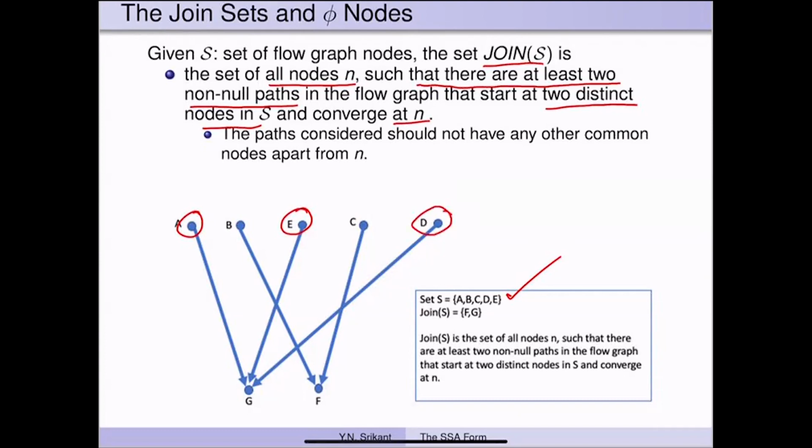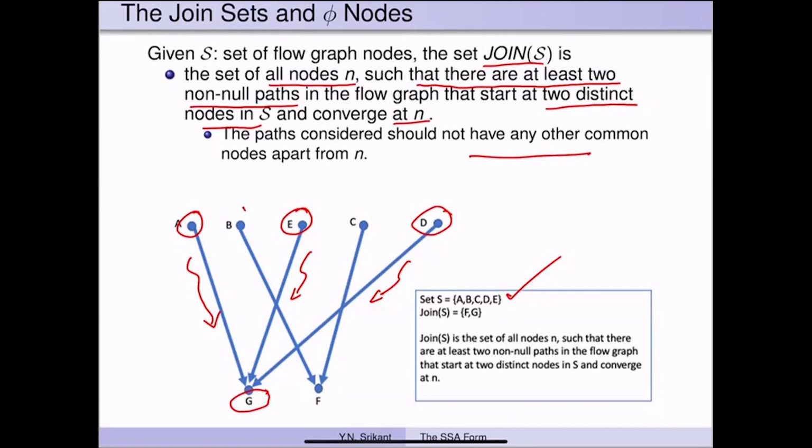Three distinct elements of the set S. Now there are paths from A, another path from E, and a third path from D, which converge at G. And there are no other common nodes among these. Okay, so that's another important condition that is stated here.